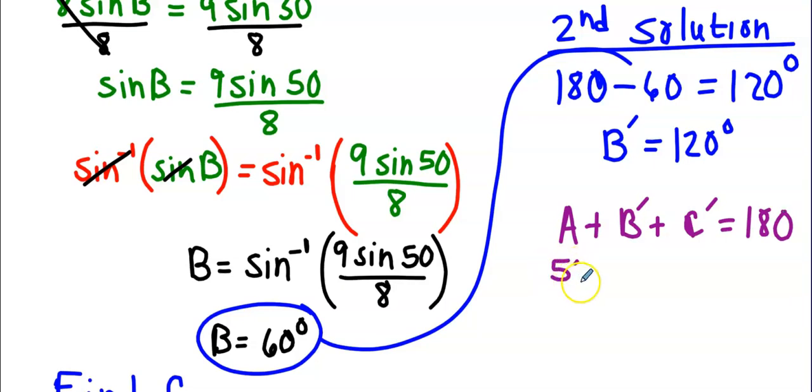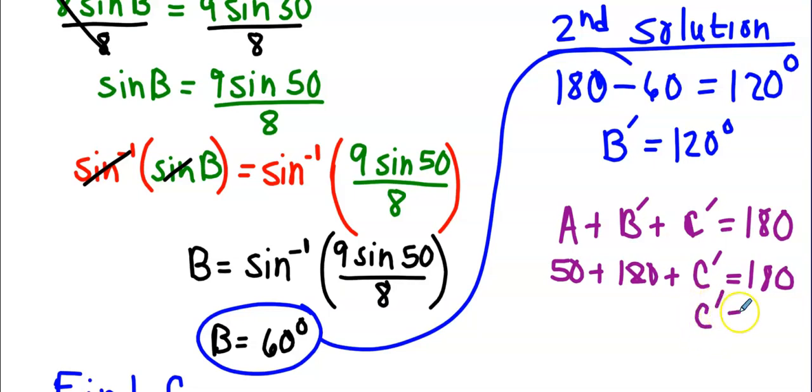That's originally given to us in the problem. The 120 is what we just found. It equals 180. So if we add those together and subtract from 180, that should give us angle C is 10 degrees. So we're almost there.